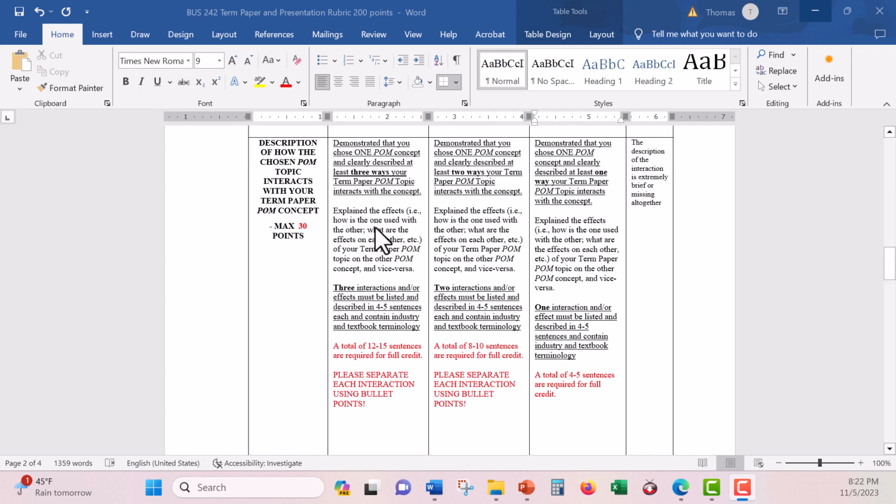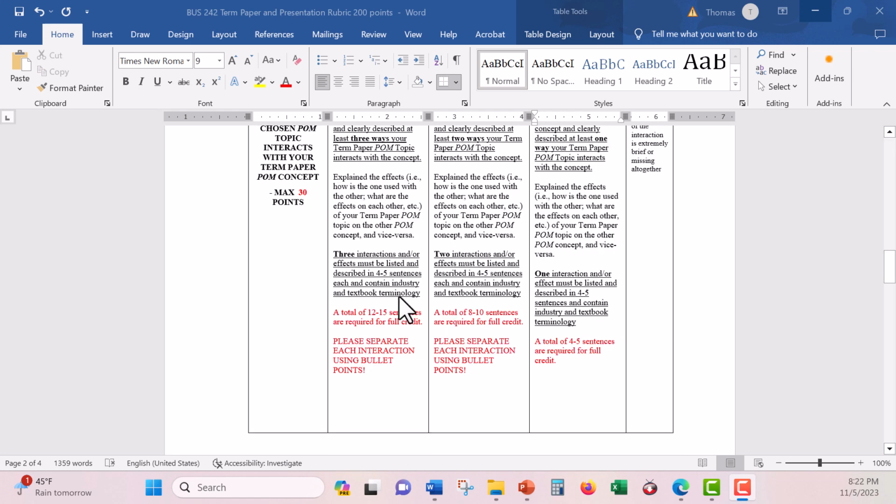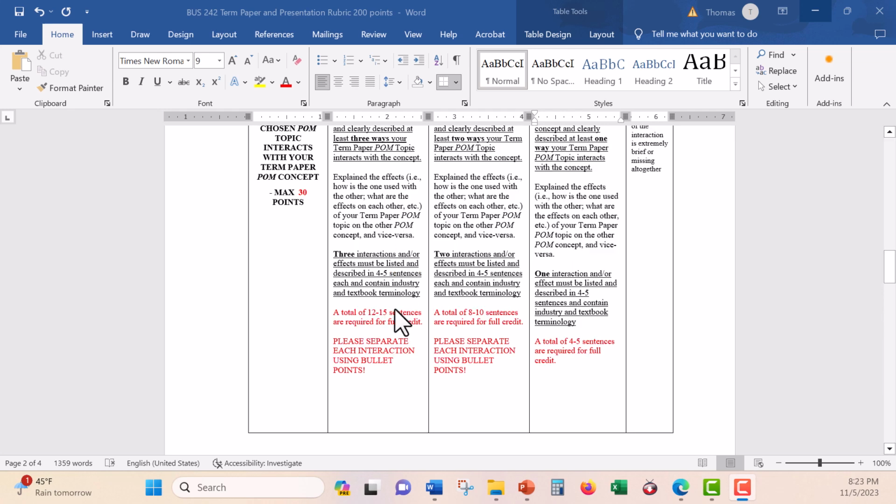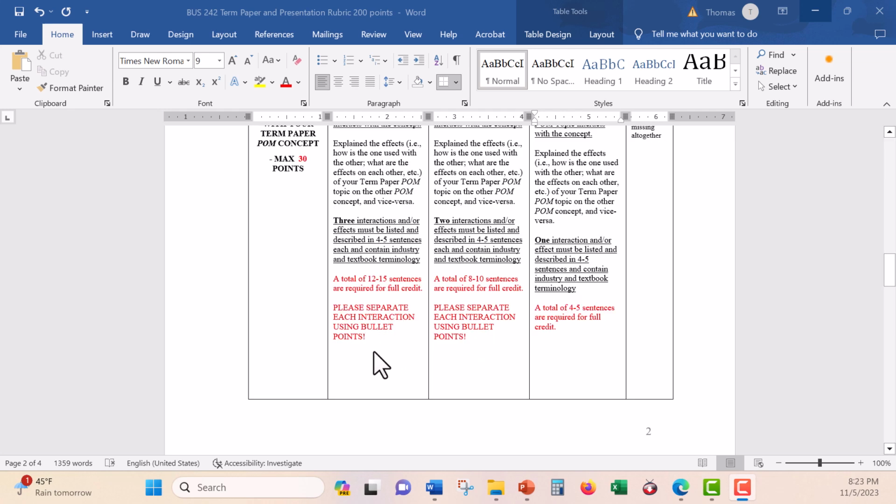Explain the effects, i.e. how it is used with the other, and what the effects are on the other, of your term paper POM topic on the other POM concept, and vice versa. 3 interactions and/or effects must be listed and described in 4 to 5 sentences each and contain industry and textbook terminology. A total of 12 to 15 sentences are required for full credit. Once again, each one of these, all 3, needs to be separated by a bullet point.